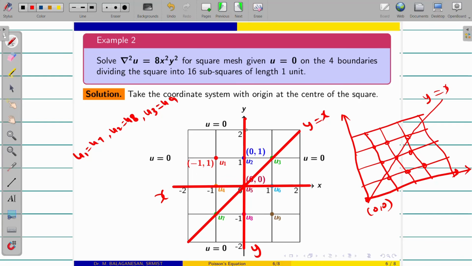If you fold along the y-axis, we join this side and this side.